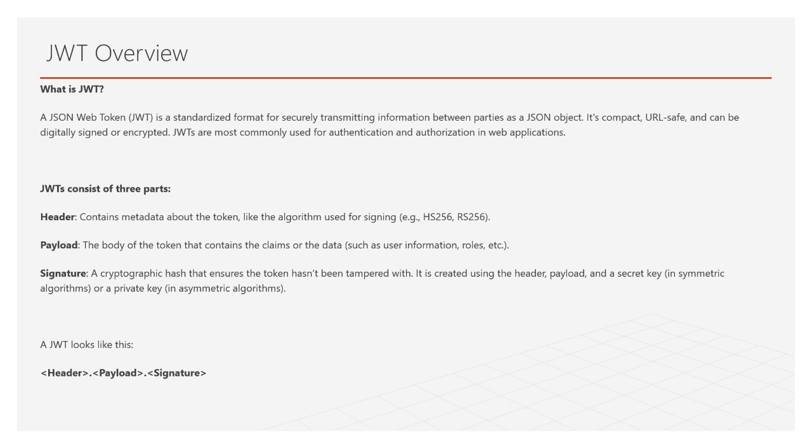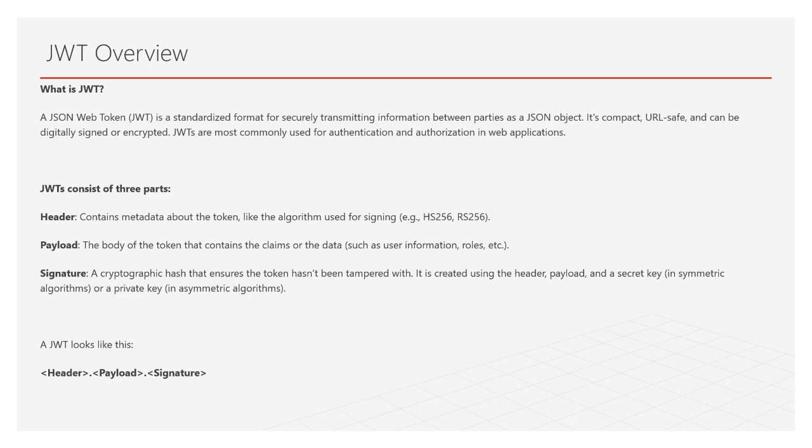Now, if you break down a JWT, it consists of three major parts: one is the header, one is the payload, and one is the signature. The header contains the metadata about that particular token.